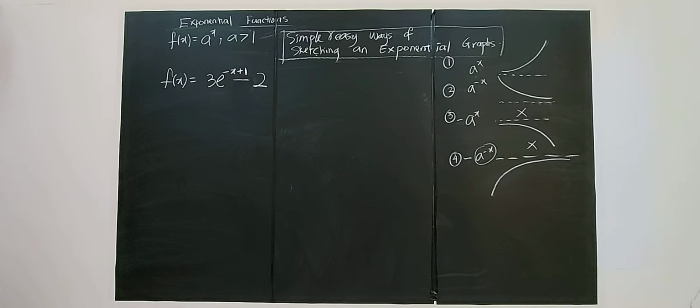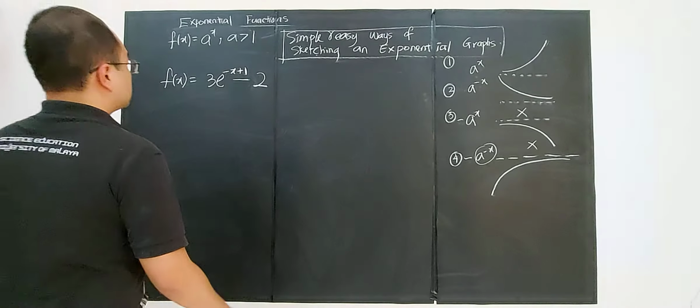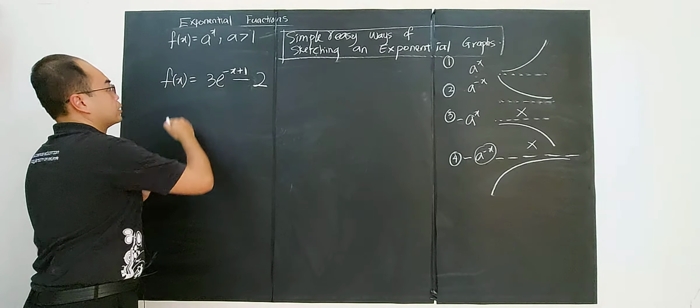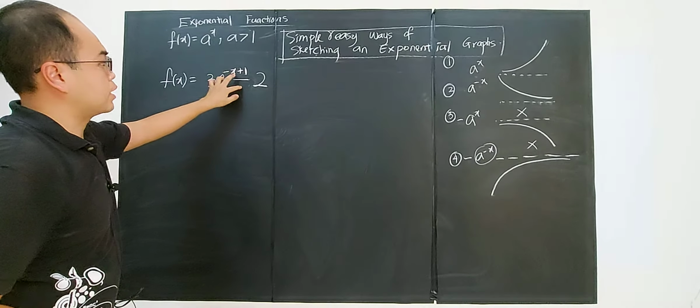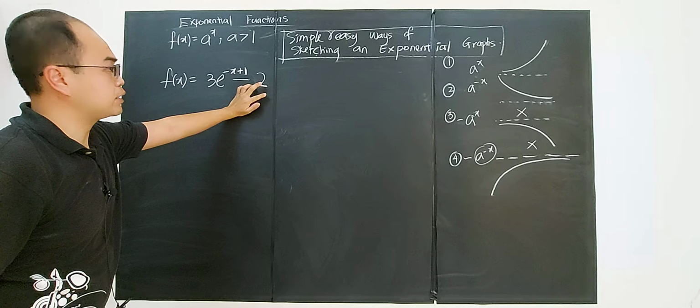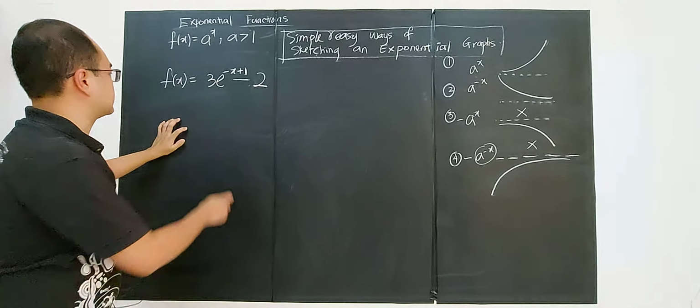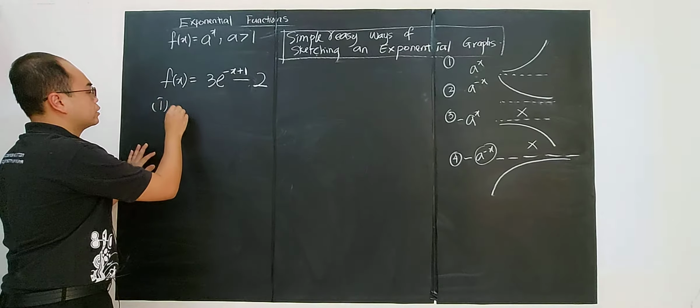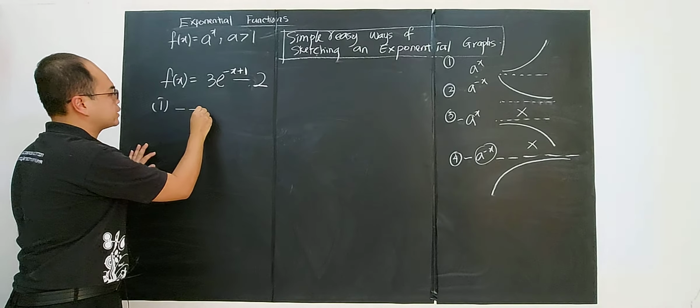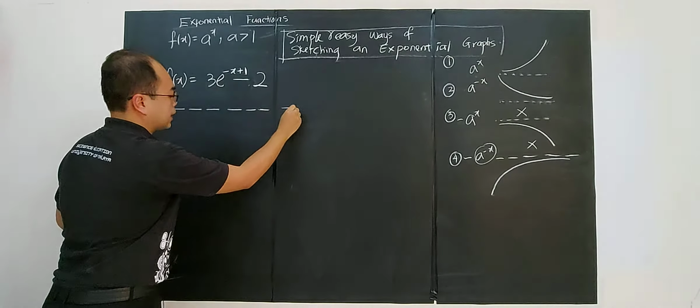Alright, let's continue with this example. Let's say you have 3e to the power of negative x plus 1 minus 2. The same thing here, first we know that step 1 is that an exponential function always has a horizontal asymptote, right?